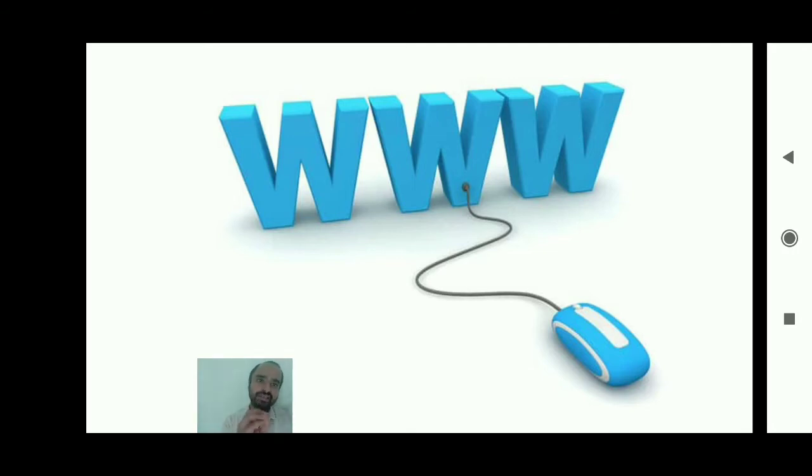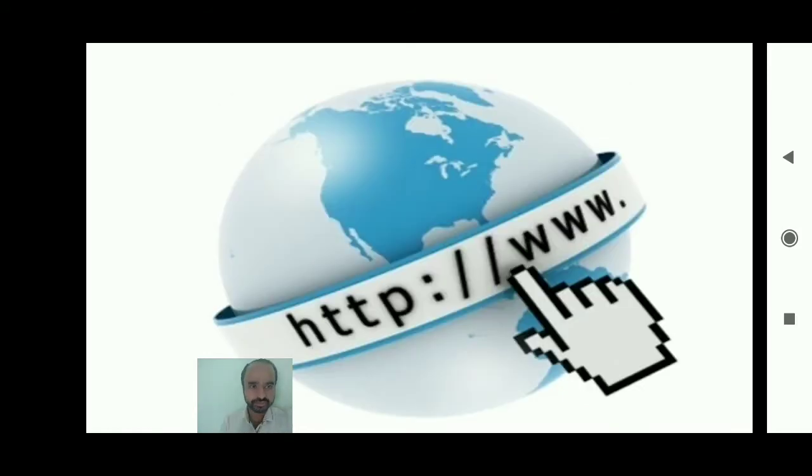Once you click on search or press enter, it shows a list of links which contain that specific point. When you click a single link from it, you get transferred to that particular website. This connection is called WWW, that is World Wide Web. So first there is the internet, and on the internet there is the World Wide Web, which connects all the websites or all networks of the world.